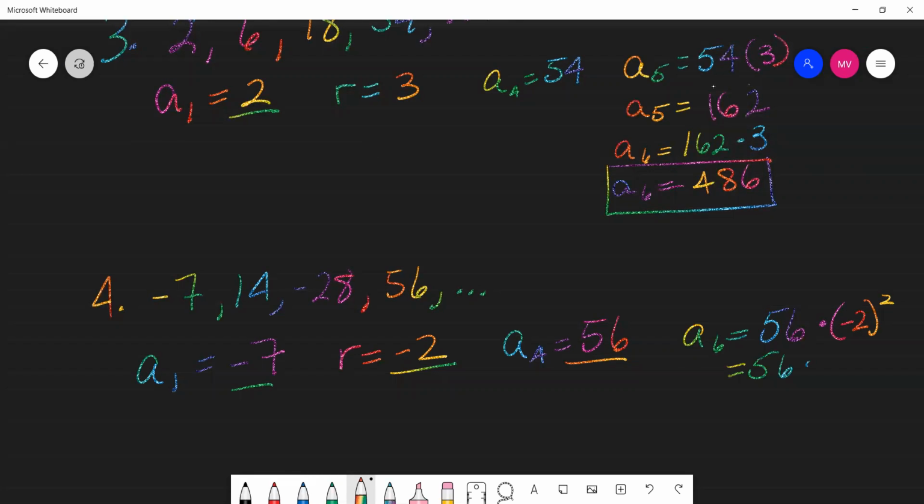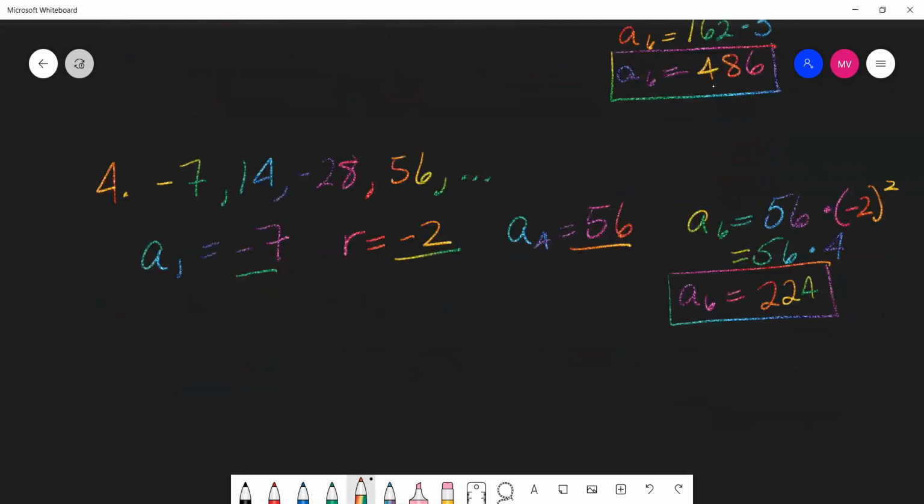I'm hitting the wrong buttons. 56 times 4. -2 times -2 is 4. And then what is 56 times 4? 224. That sounds right, because 4 times 5 is 20 and then 4 times 6 is 24. So yeah, that is our answer.